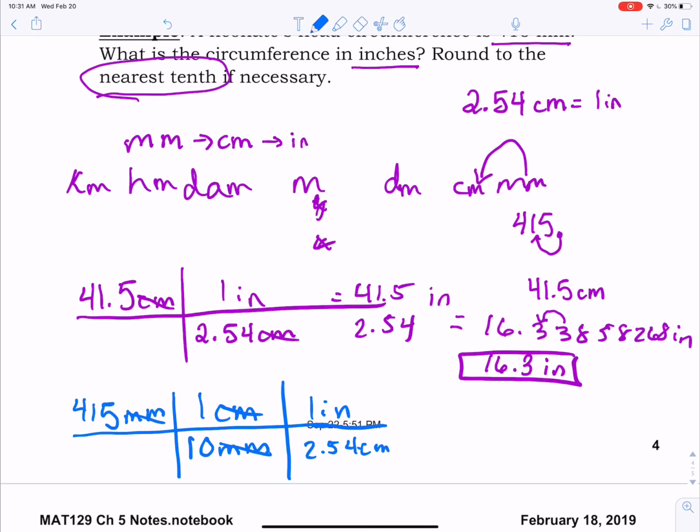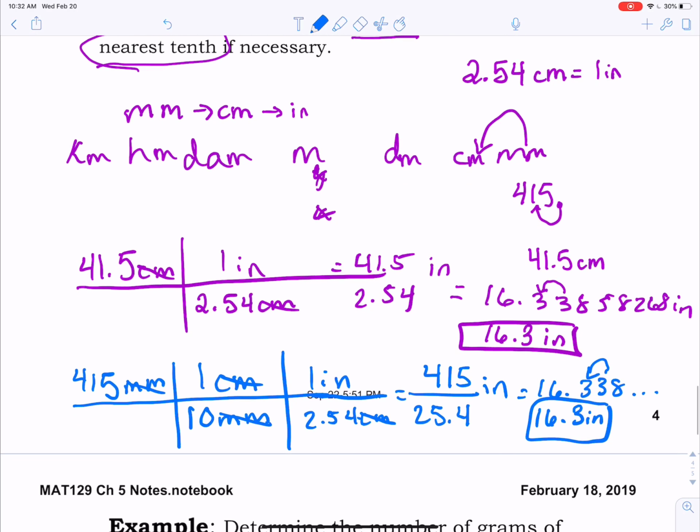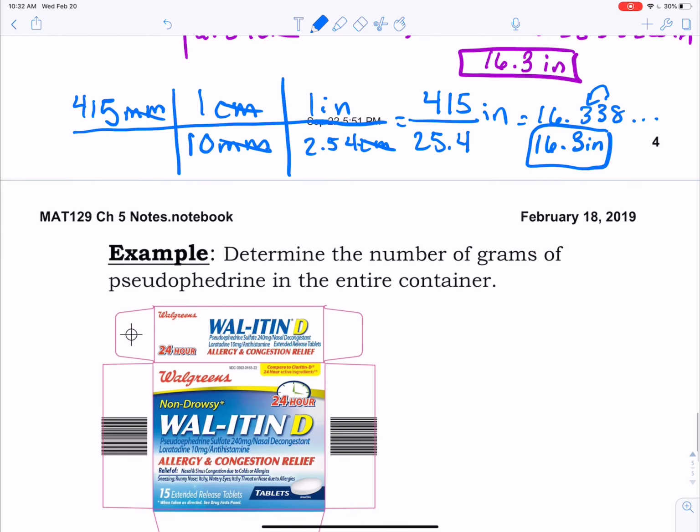So our centimeters cancel out. If we do that, we'll have 415 over 25.4 inches. And if we do that division, we end up with the same exact long number, about 16.338, and it keeps going. But that 3 tells us to leave it 16.3, and we know our units are inches. So as long as you're showing your work, you're okay.